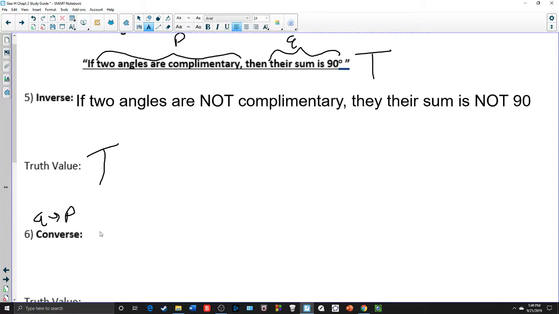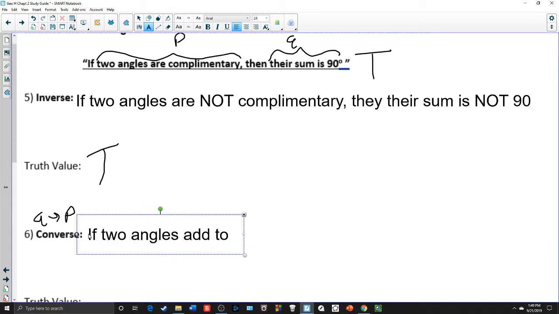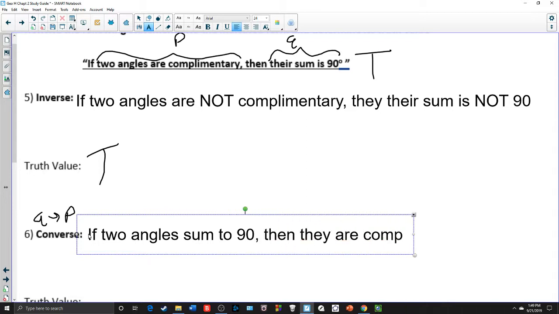So I'm going to take my statement and flip it. So instead of saying if two angles are complementary, I'm going to say if two angles add to 90, or to make sure that I have the precise language, I would say if two angles sum to 90, just so I'm using the same wording, then they are complementary.